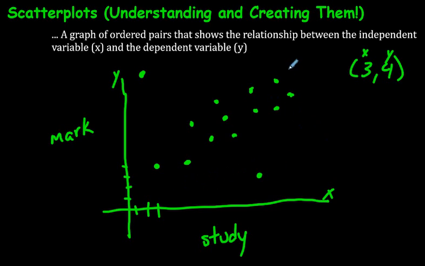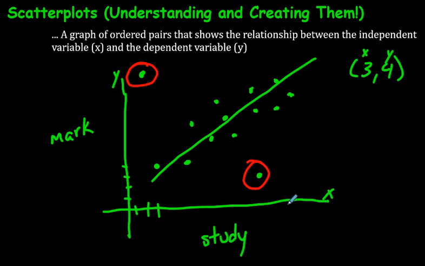And the further you go, you notice it kind of looks like there is a general trend here, okay? It seems as though the more that you study, the higher the mark that you do get. There are people that don't fit that mold, like this person and this person here, and those people are called outliers. Those plotted points that are not quite fitting the norm are called outliers, just so you know.